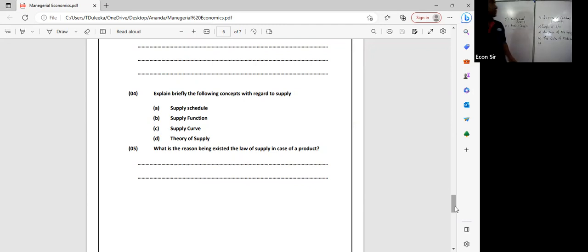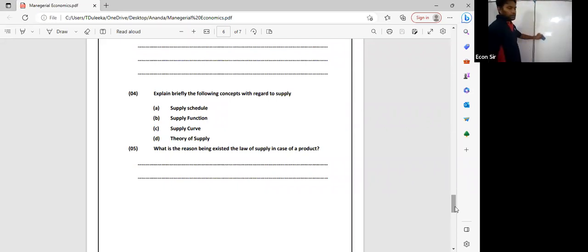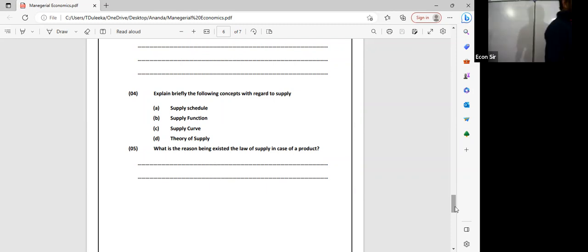Like demand schedule, it is a table or arithmetic presentation of the law of supply.